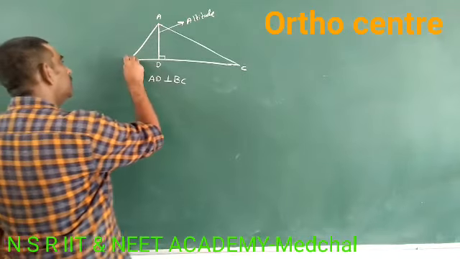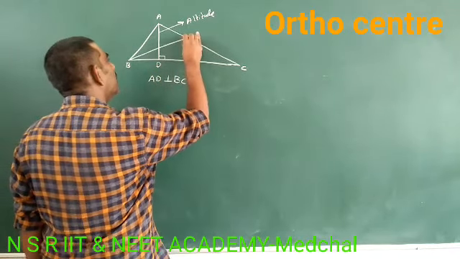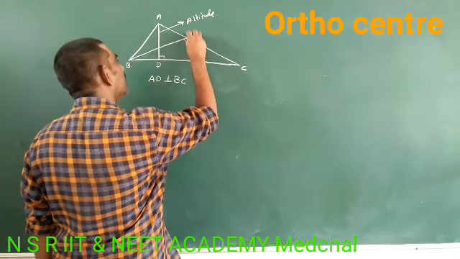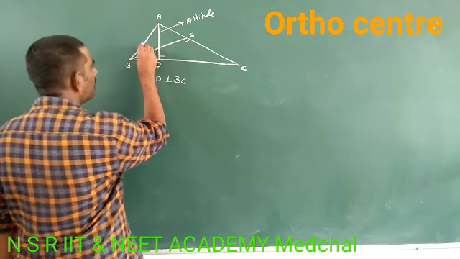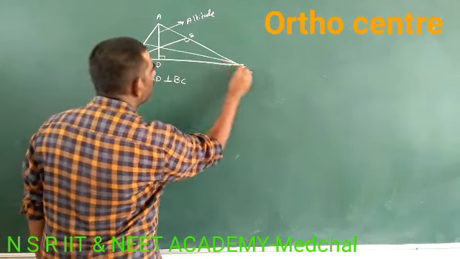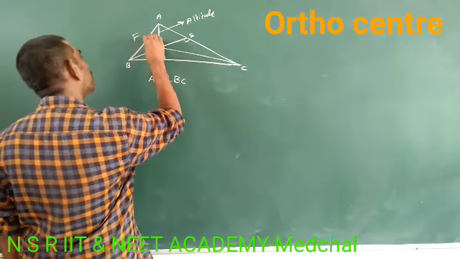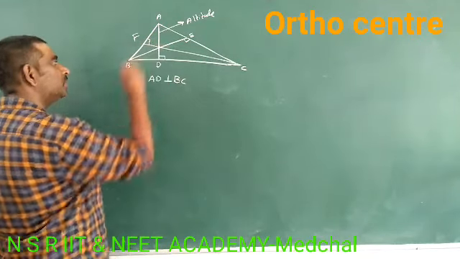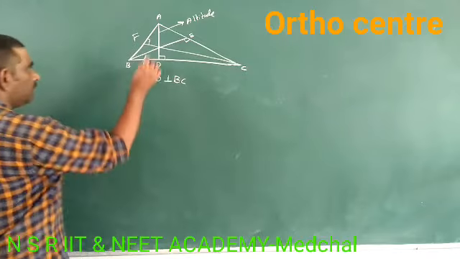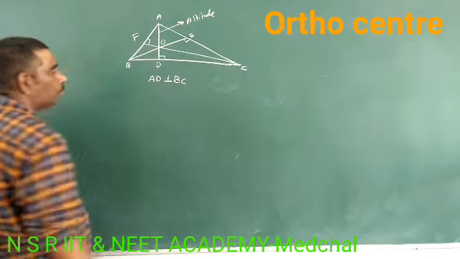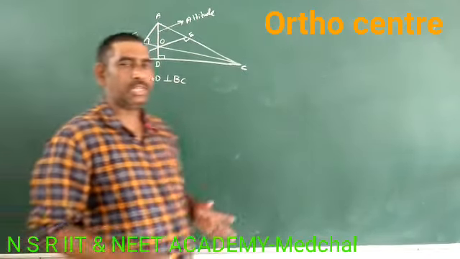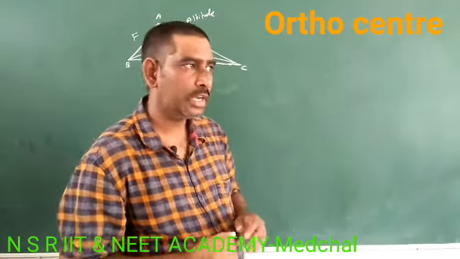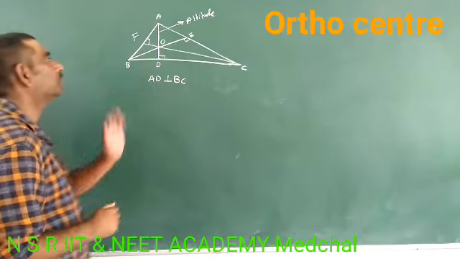So we have 3 altitudes in every triangle: AD, BE and CF. The intersection point of these altitudes is called the orthocenter.